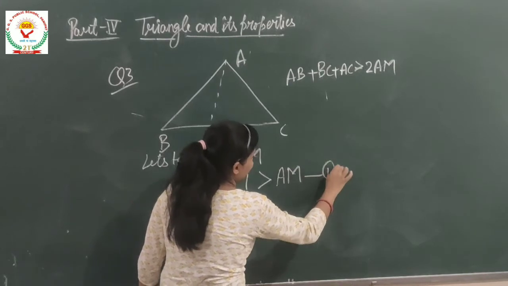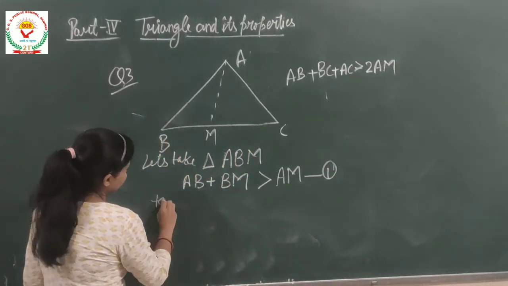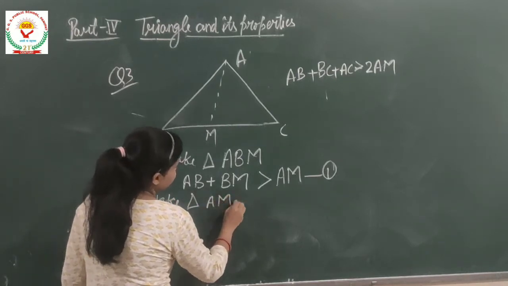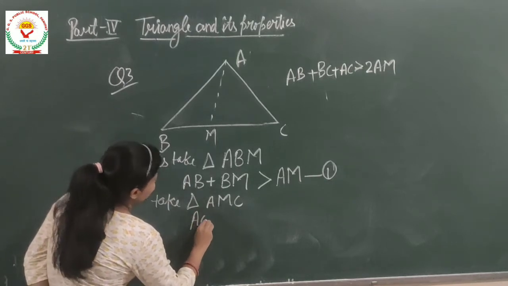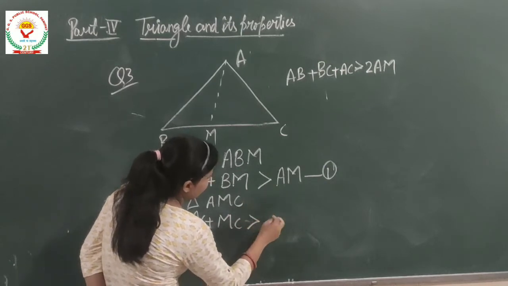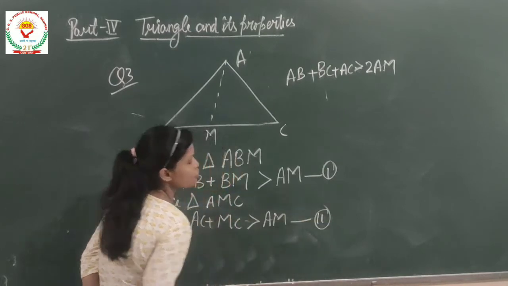Let's say this is equation number 1. Now take triangle AMC. In this triangle, AC plus MC is greater than AM. Say this is equation number 2.